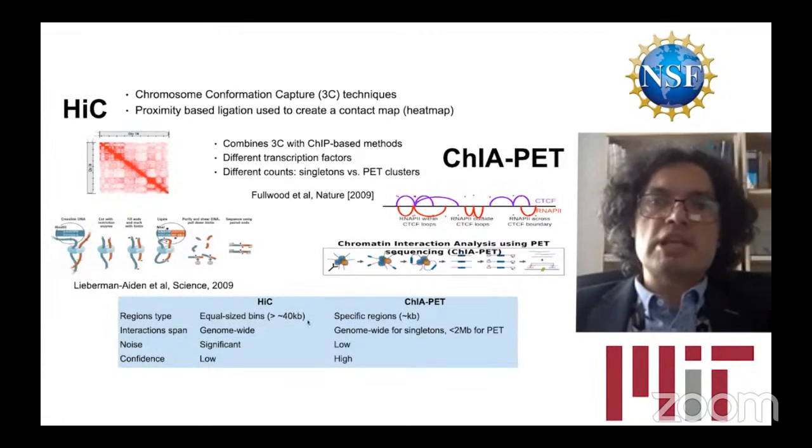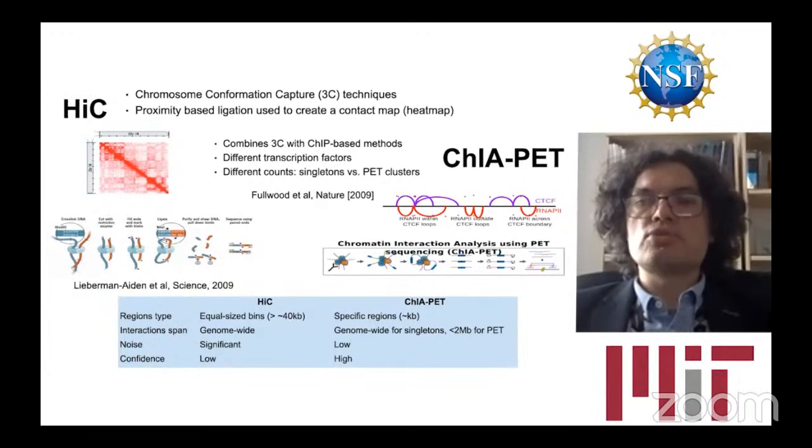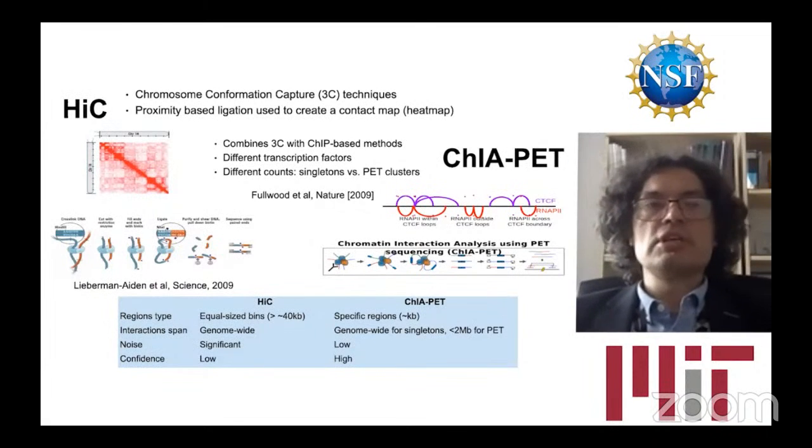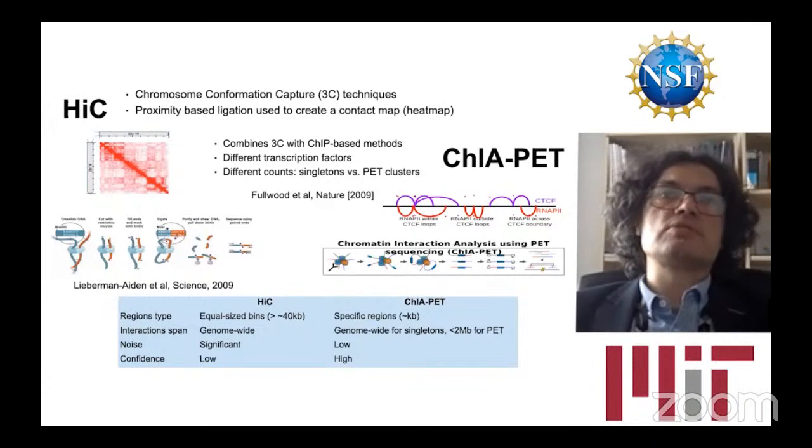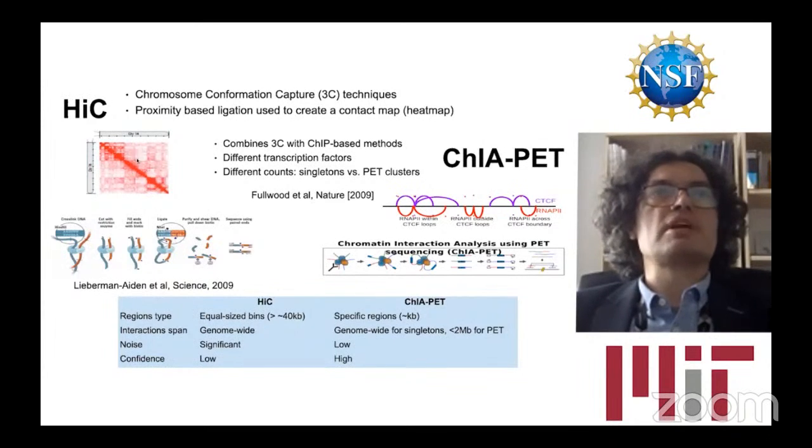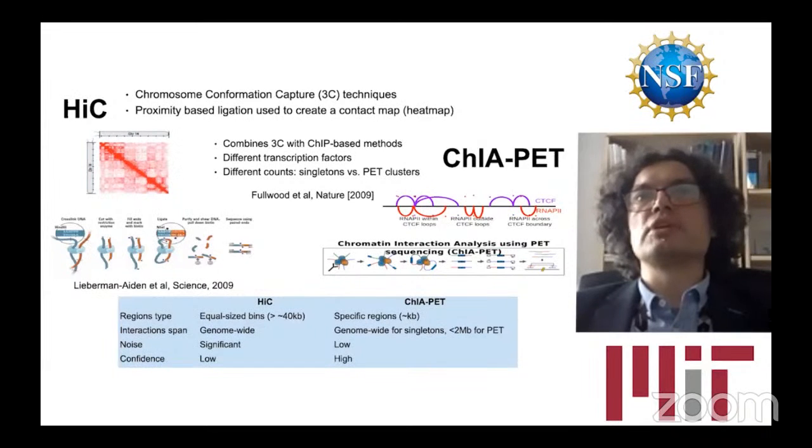So there are similarities and differences between those methods. ChIA-PET provides high resolution without deep sequencing, so this is cost-effective. On the other hand, ChIA-PET is a very challenging experimental technique, so it's not easy to perform such an experiment. Hi-C is much easier to do, but you have to sequence deeply to actually start to observe the chromatin loops.